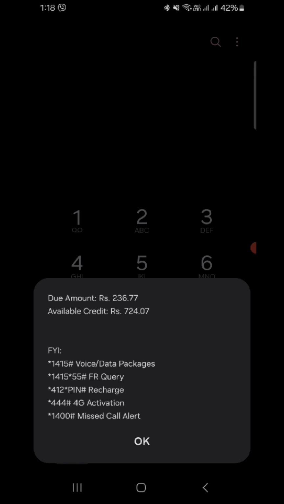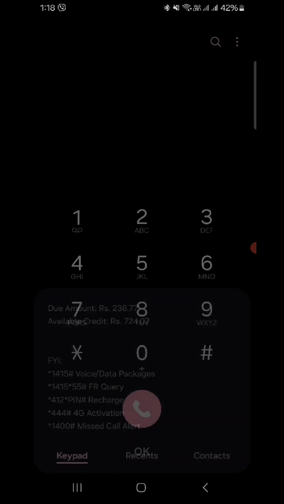For most users who haven't used any balance for making calls, using data or anything, on the 15th their due amount would be 0. But if you have made some calls or bought some package, then your due amount would be according to your voice calls or data used on the 15th. So remember, the bill cycle is from the 15th of one month to the 14th of another month, by English date.